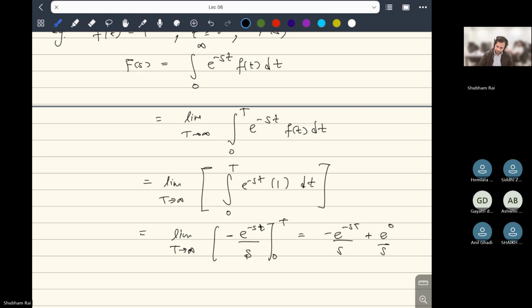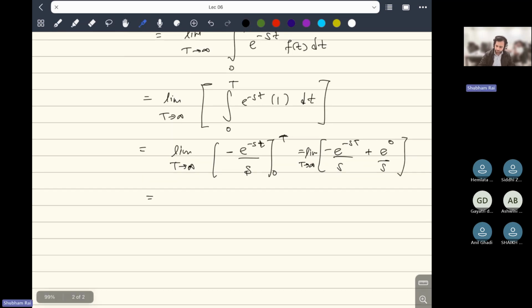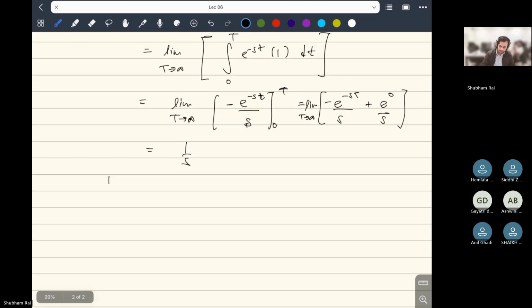Okay. So e raised power 0 will be 1, and if you put the limit here, e raised power minus infinity will be 0. So this will be 0 and this will be 1 by s. Transform of 1 is 1 by s, right?